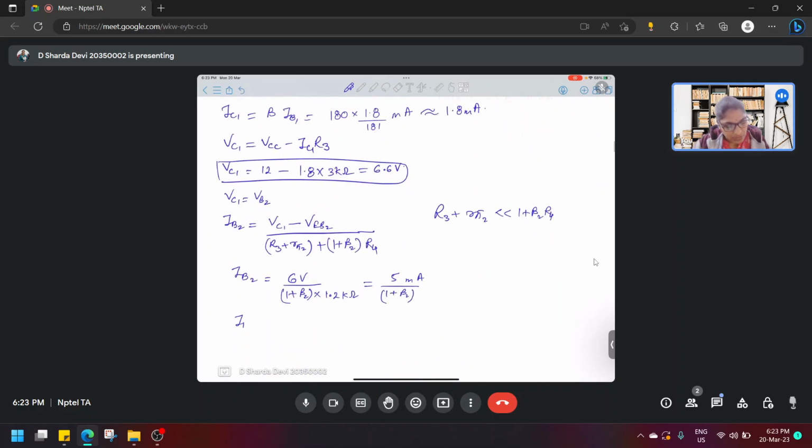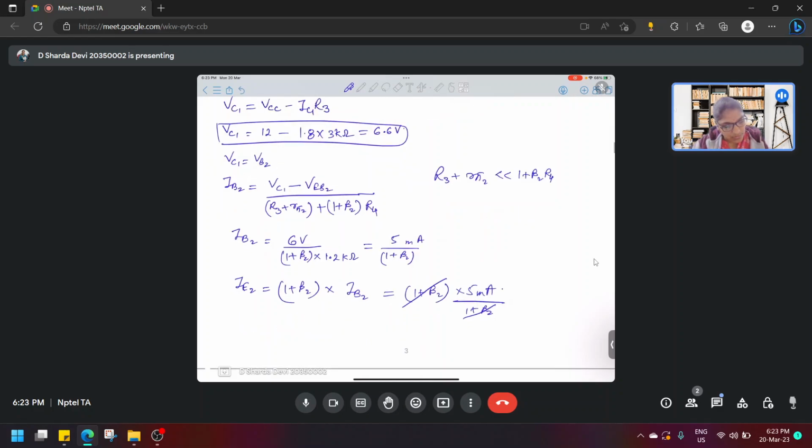So how much will IE2 be? It will be 1 plus beta 2 into IB2, right? So it will be 1 plus beta 2 into 5 milliamperes by 1 plus beta 2. So we will get IE2 as 5 milliamperes.